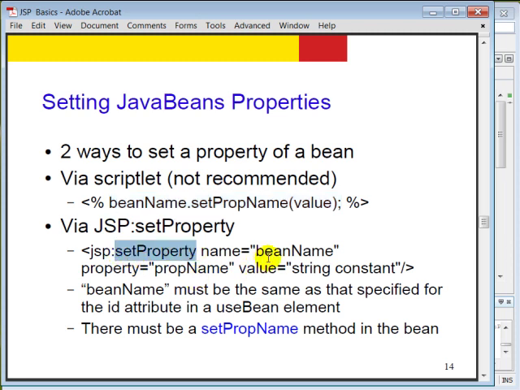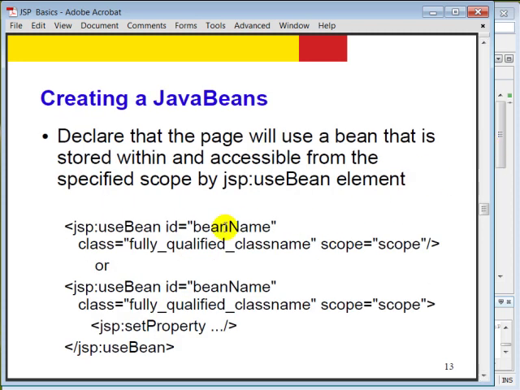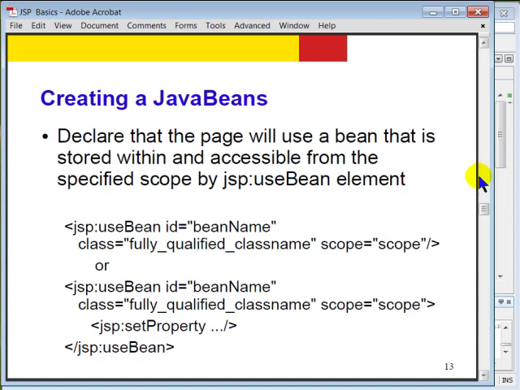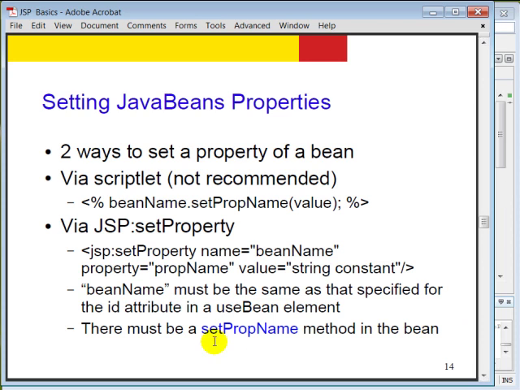This is a keyword, and you provide the name of the bean that is defined in the useBean element here, and then you specify the property name, and then you can specify the value. This bean name has to be the same name as defined in the id attribute of the useBean element, as I showed here. And of course, there has to be a setter method for that property, as we talked about.